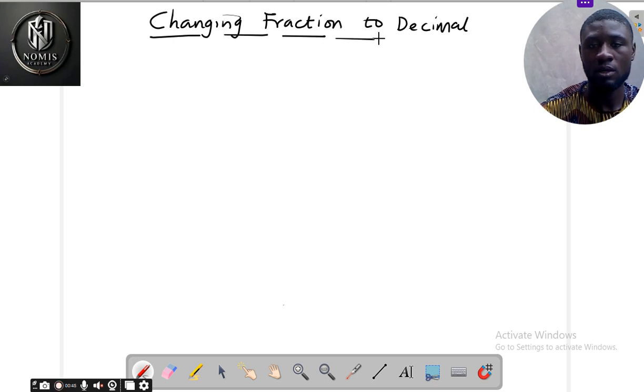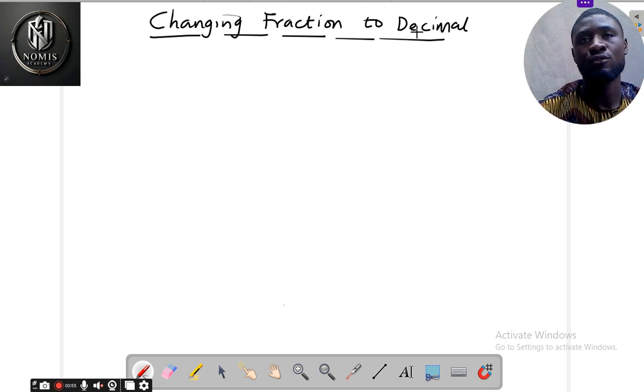Remember that there are three types of fractions. We have a proper fraction, an improper fraction, and mixed fraction. A proper fraction is a fraction whose numerator is less than the denominator, while an improper fraction is a fraction whose numerator is bigger than its denominator.